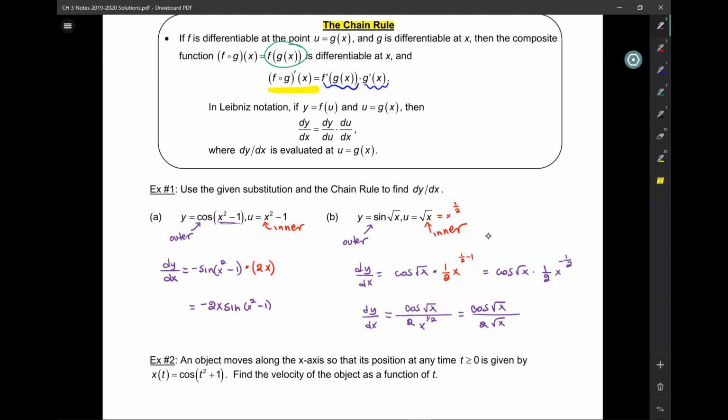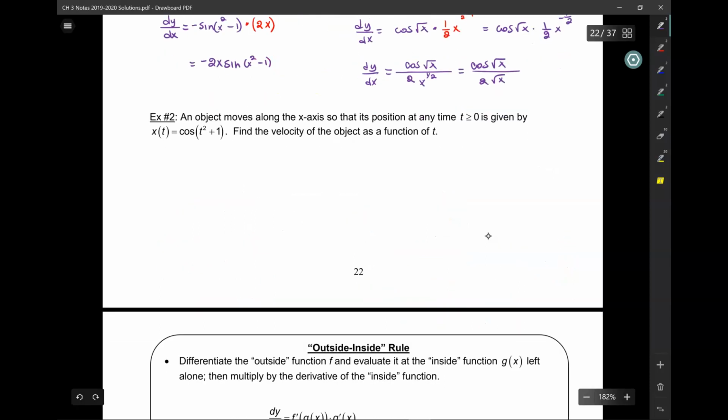All right. An object moves along the x-axis so that its position at any time t greater than 0 is given by x of t is equal to this, cosine. Find the velocity of the object as a function of t. So velocity, we know, is just x prime of t. So the outer function is cosine.